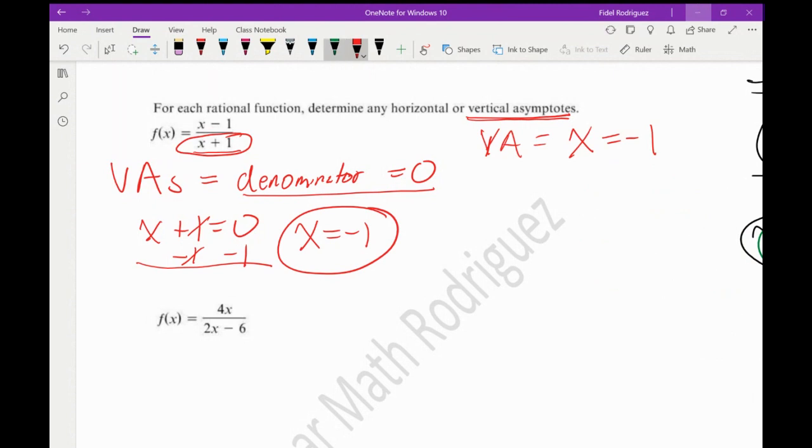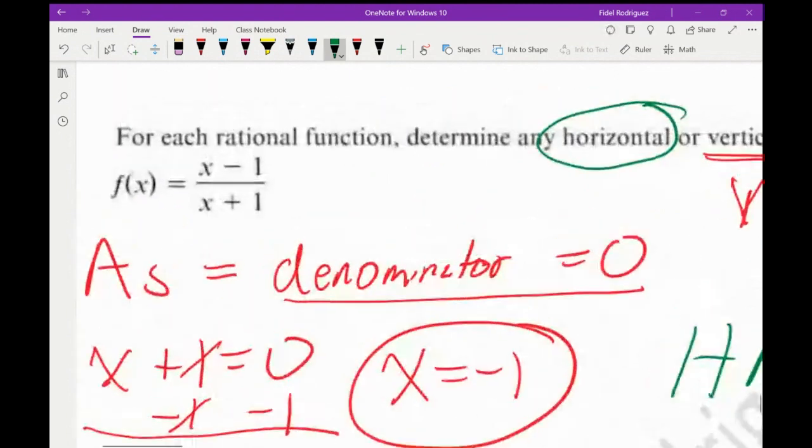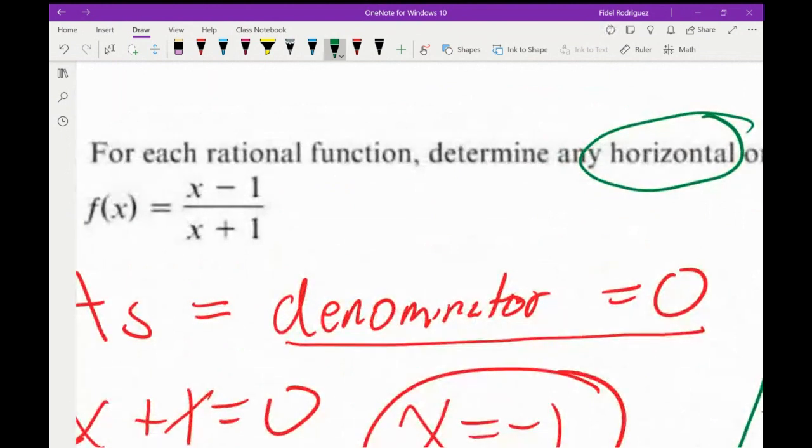And then we have something called horizontal asymptotes, and there's a way we can figure out if we're going to have them. For horizontal asymptotes, or the HAs, we look at the degree of the top and the degree of the bottom. By the degree I mean the exponent: here the exponent is a 1 and here the exponent is a 1.